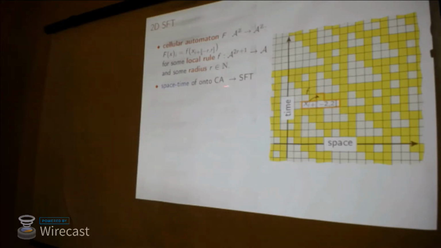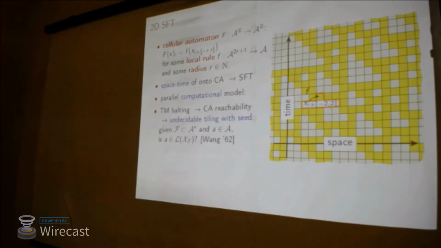But if we have any surjective cellular automaton, this gives us an example of a two-dimensional subshift of finite type. And cellular automata are a computational model which is Turing powerful, especially studied as a parallel computational model, because contrary to the Turing machine, computation can appear more or less everywhere.